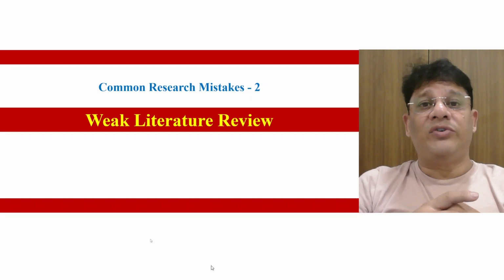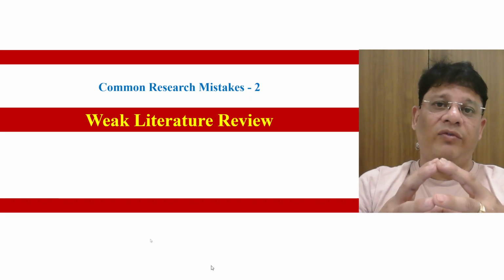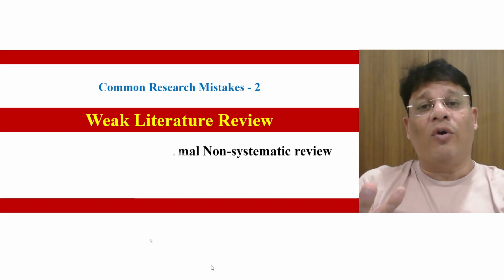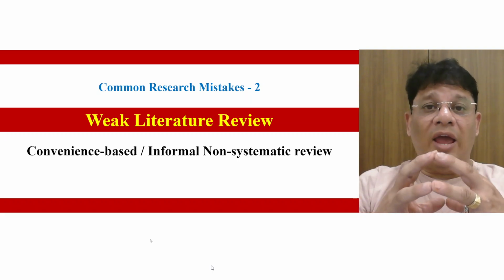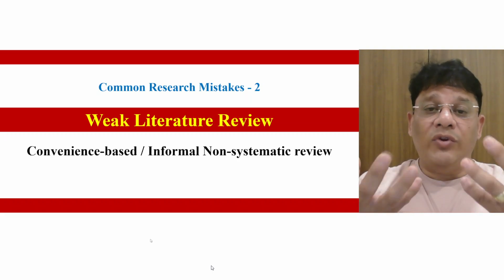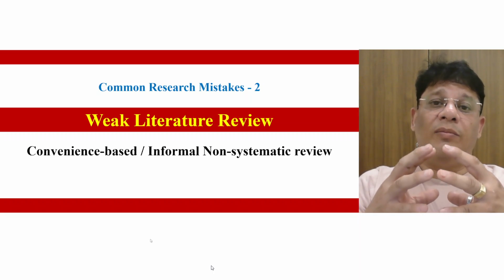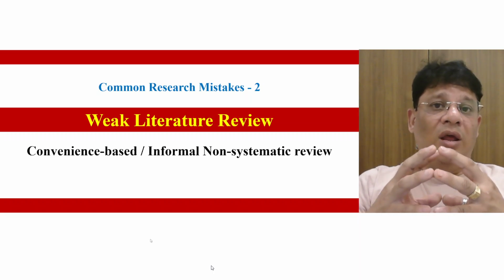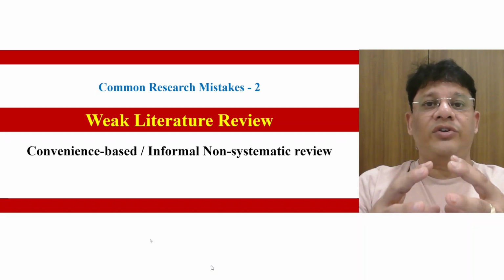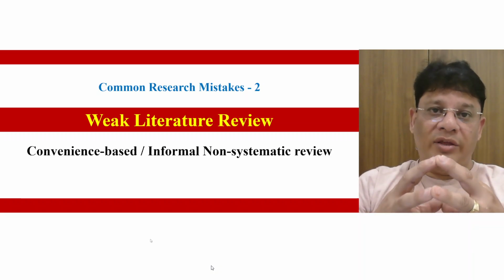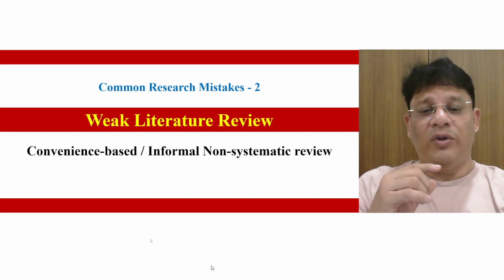Here, the biggest mistake is that we need not summarize it; we have to find the gap from it, the gap in which you can go for the research. So the research gap is the most important, and you do the literature review for the research gap, not for the summarization of it. This is the second mistake we make.